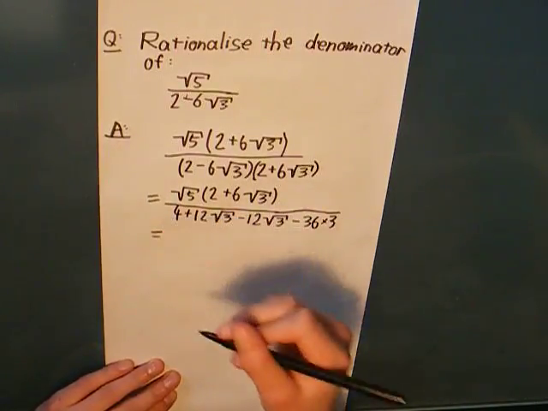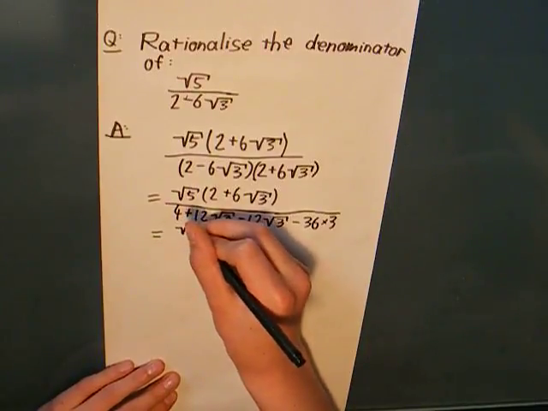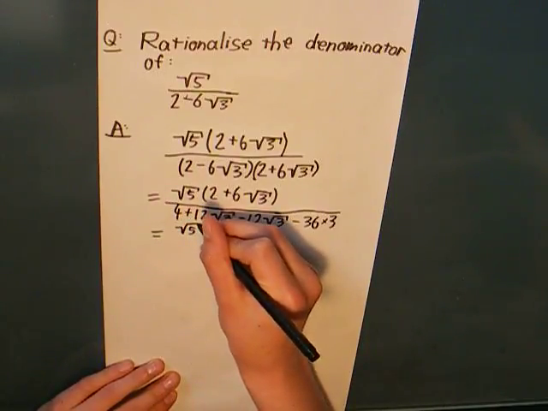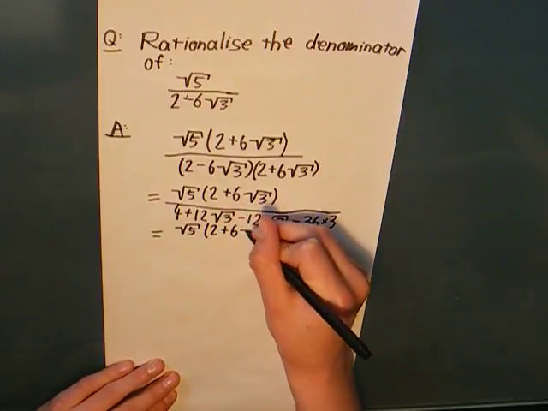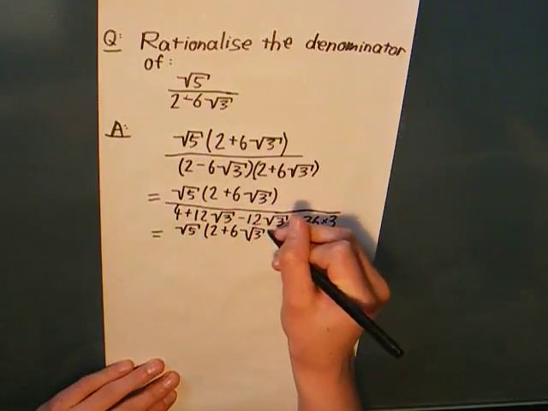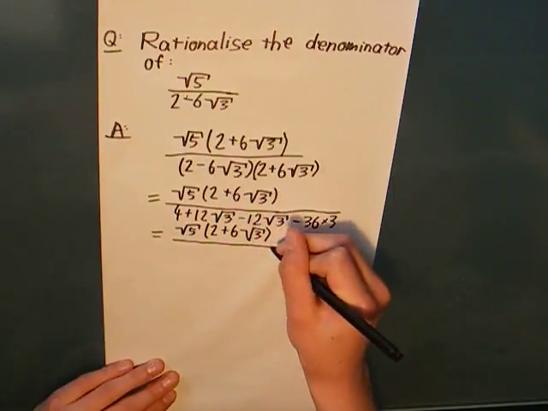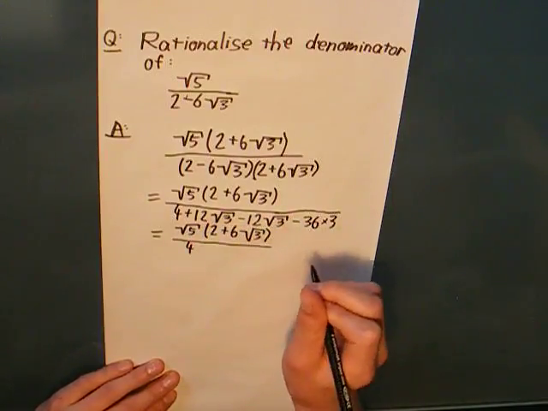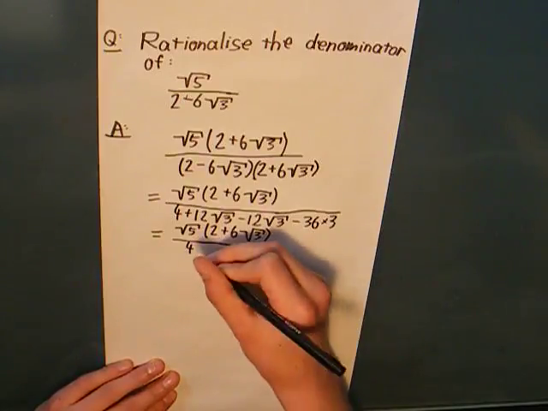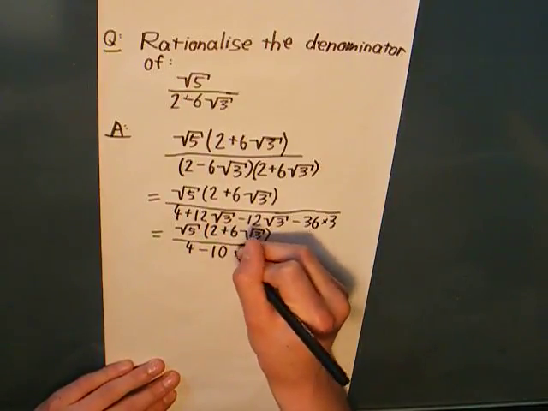Root 5, 2 plus 6 root 3, all over, and you can see these two terms cancel, so all left is 4 minus 36 times 3, which comes out as 108, so 4 minus 108.